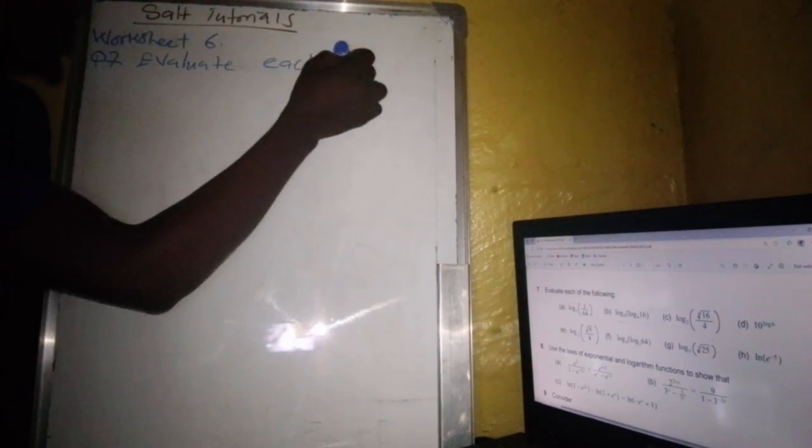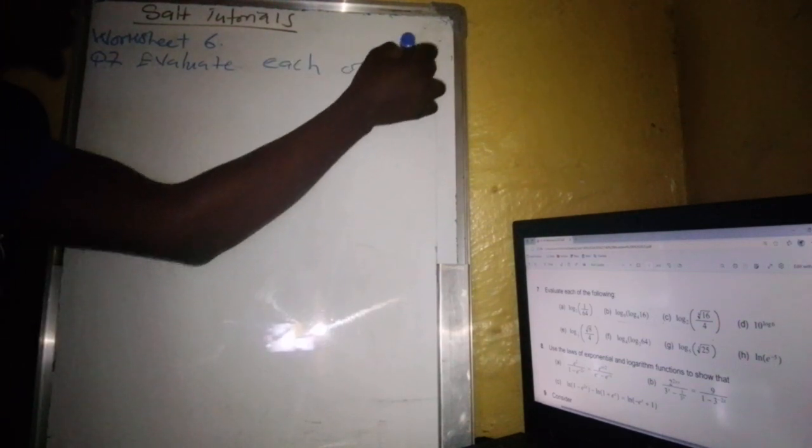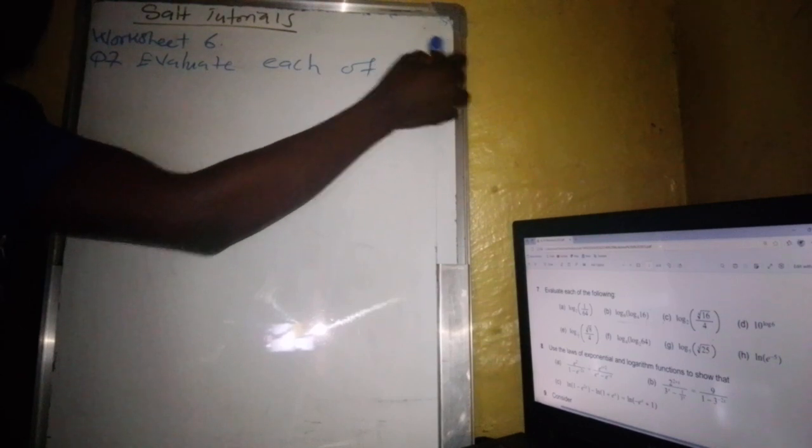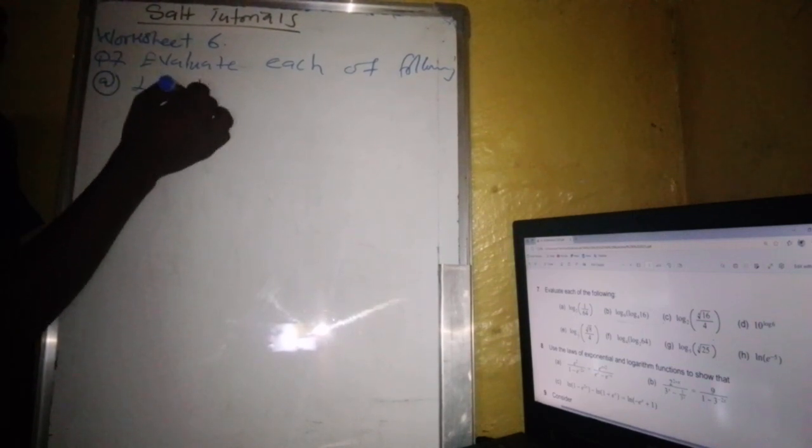Question number 7 of worksheet 6 says, evaluate each of the following. So we have the first part, evaluate log 2 1/64.